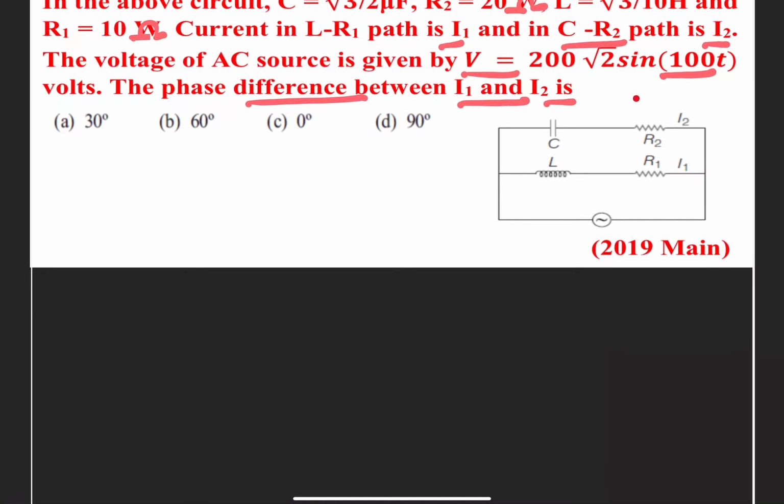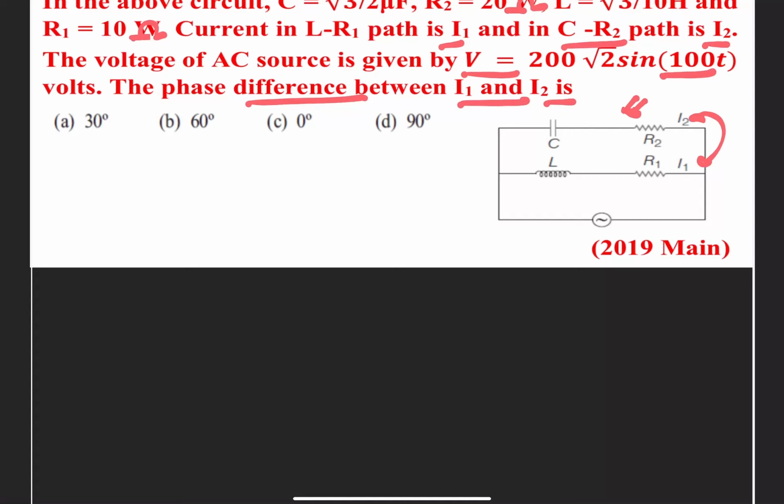So this is our basic schematic which is given to us. We have R2 and C in series with the current I2, and R1 and L in series with the current I1, and we are supposed to find the phase difference between I1 and I2.